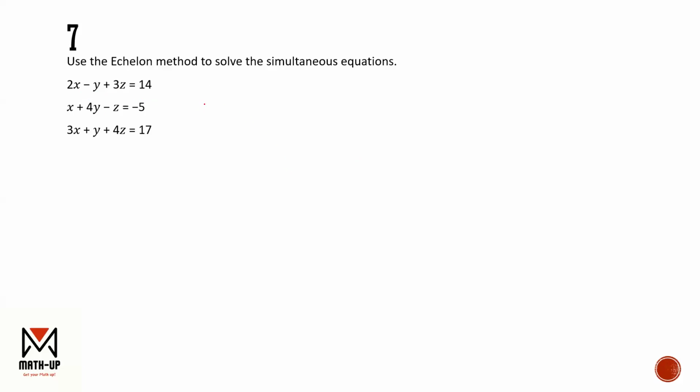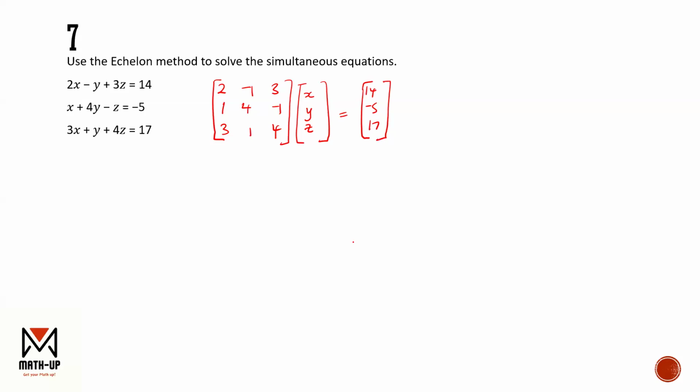So you could write this as the matrix 2, -1, 3, 1, 4, -1, 3, 1, 4, being multiplied by x, y, z to give us 14, -5, 17.